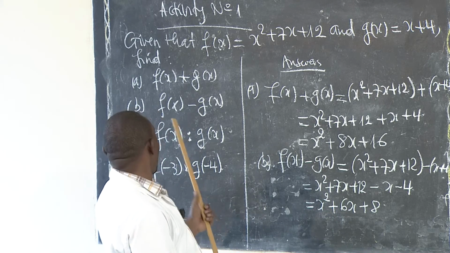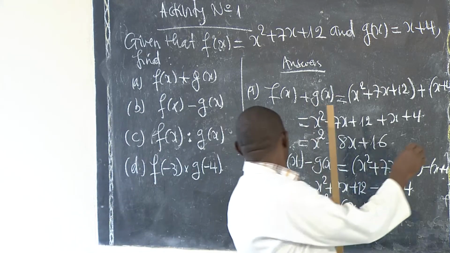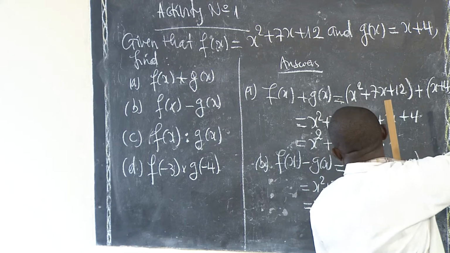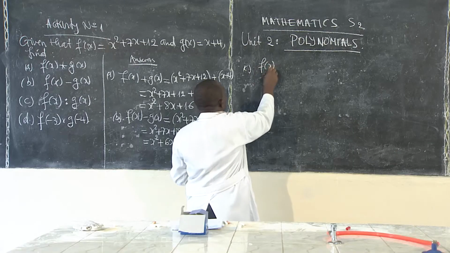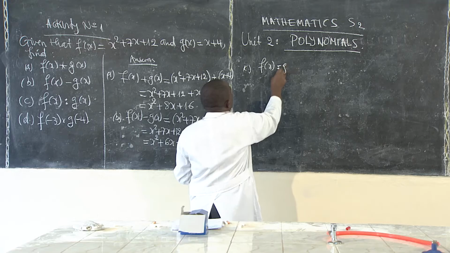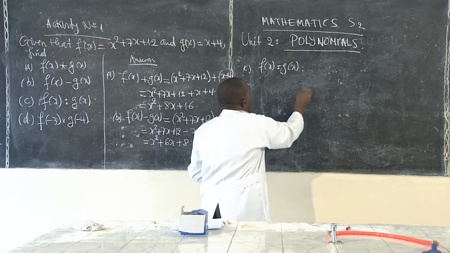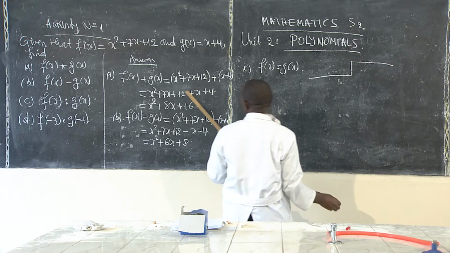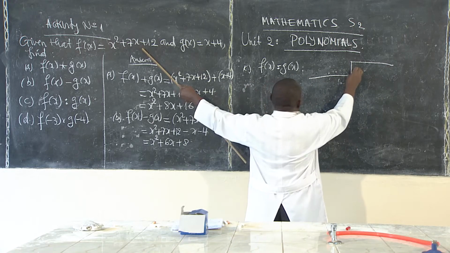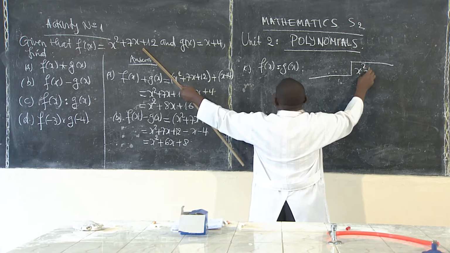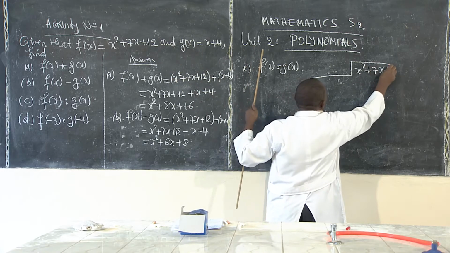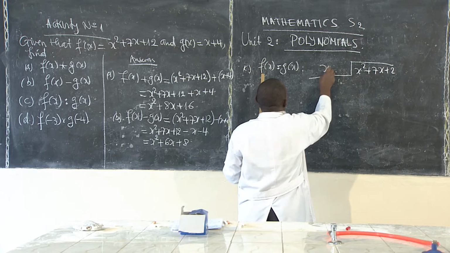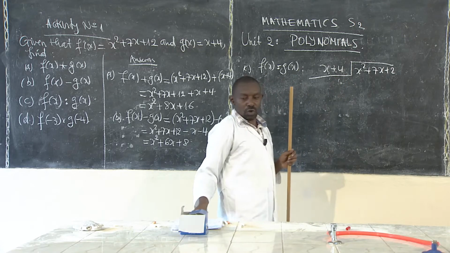Thank you. Now we need the quotient, f of x divided by g of x. So by long division, I have x squared plus 7x plus 12 divided by x plus 4.